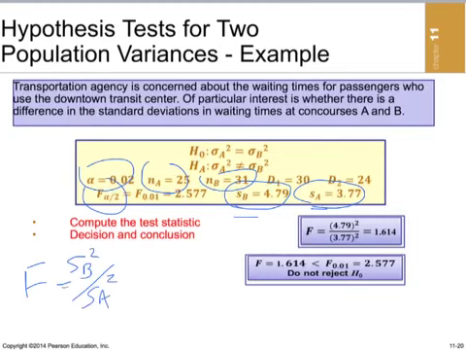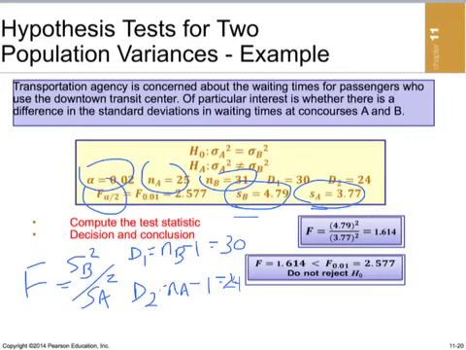We put the larger over the smaller, which means our degrees of freedom for the numerator, D1, will be NB minus 1, and that's 31 minus 1. And for the denominator, D2, will be NA minus 1, which is 25 minus 1. So that's 30, and that's 24. So there we go, 30 and 24.